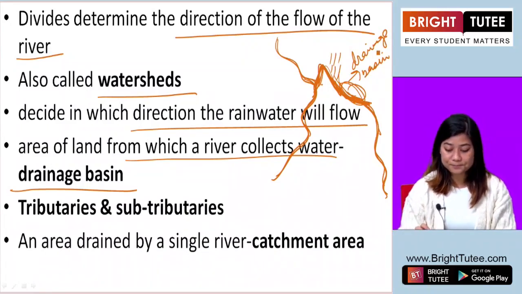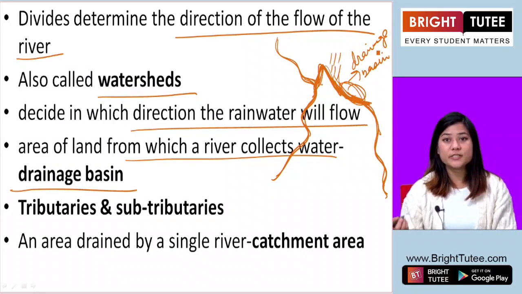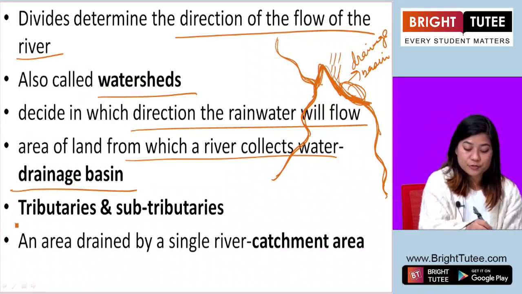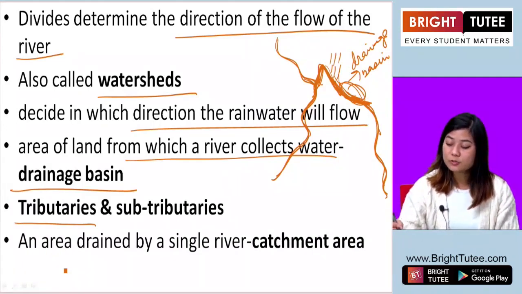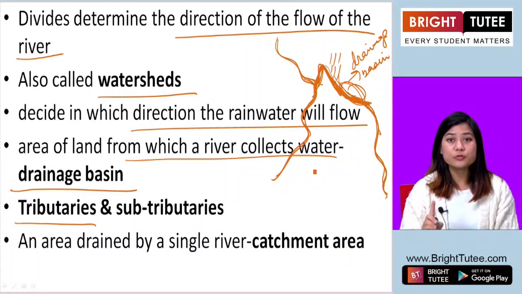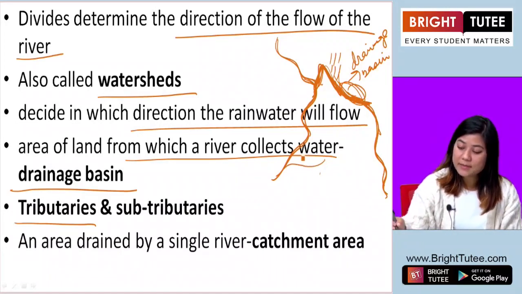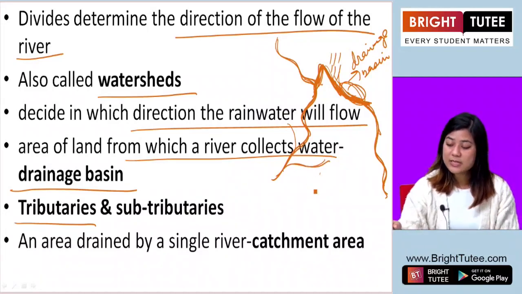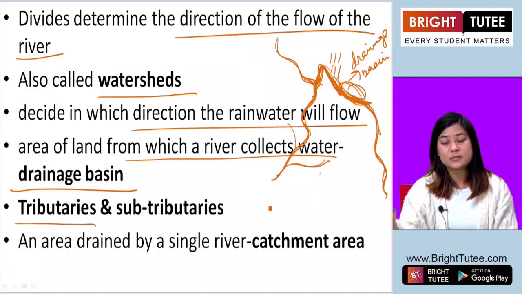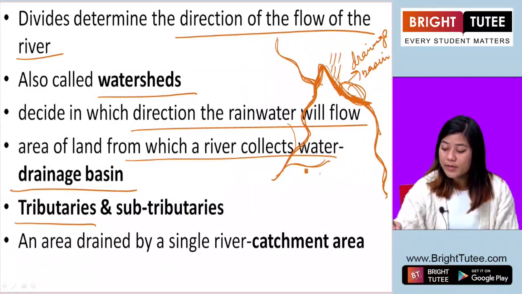And we have already learned about tributaries. Now, what are sub-tributaries? I told you that tributaries are those smaller rivers or streams that join the main river. Sub-tributaries are those smaller streams and smaller rivers which join the tributaries.